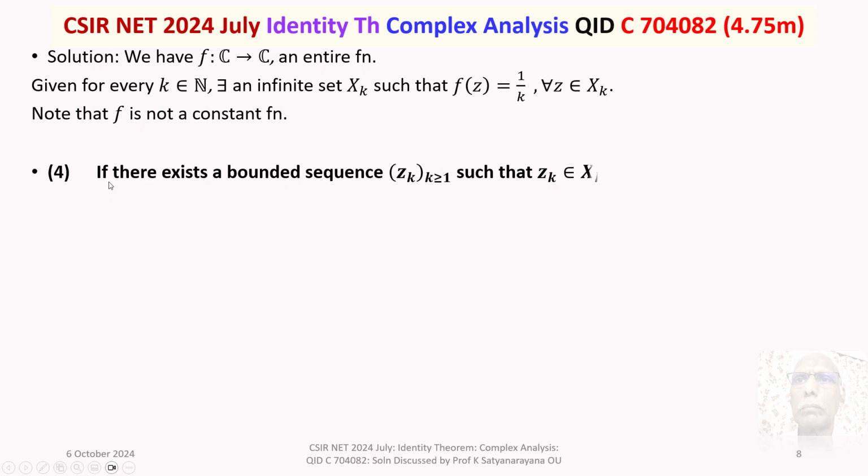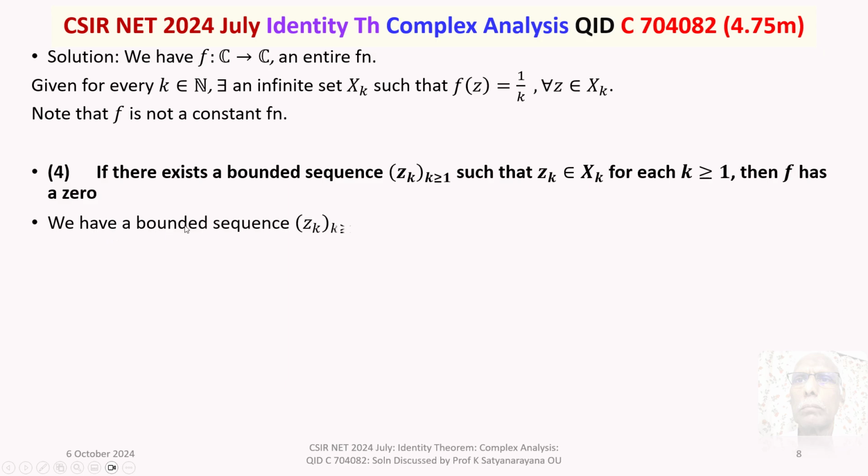Option 4: if there exists a bounded sequence z_k, k greater than or equal to 1, such that z_k belongs to X_k for each k greater than or equal to 1, then f has a zero.